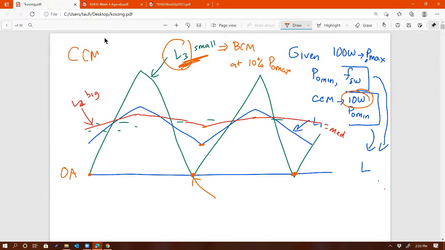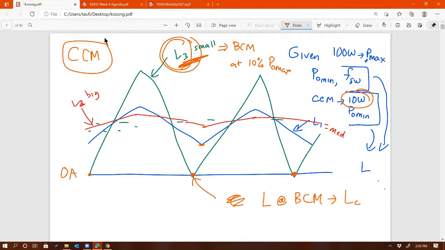So in general, this is what we want. So therefore, it is good for us to know the inductance value at BCM, which is called critical inductance. It'll be good for us to know this critical inductance value, especially if we want our converter to operate always at CCM down to 10% of the power, for example.